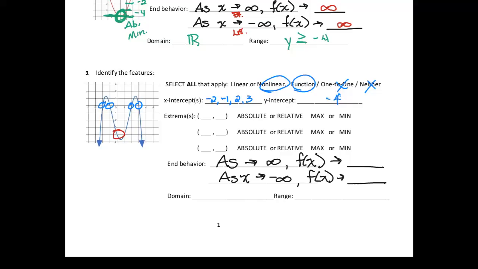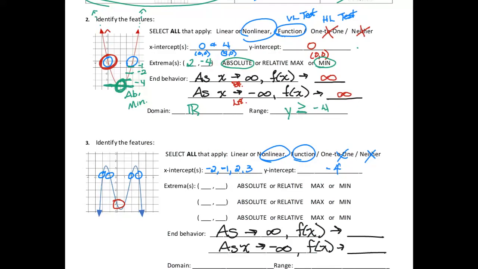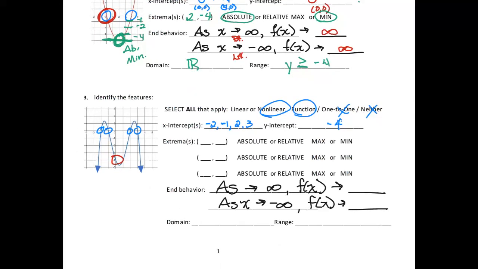8:25. All right. How about some extrema? Can anybody give me a point that they see as some sort of extrema? What do you think? Yeah, could be 2.5.